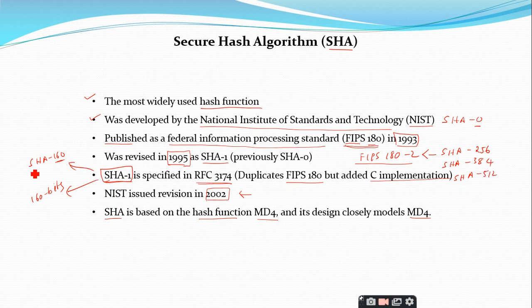I told you, this 160 in SHA 160 represents the number of bits the message digest is going to have. So SHA 256 generates a message digest of 256 bits. Similarly, SHA 384 generates a message digest of 384 bits. Similarly, SHA 512 generates the output, the hash value or message digest, of 512 bits.